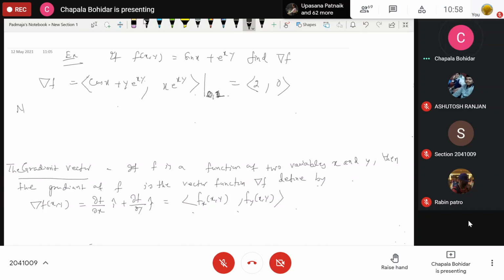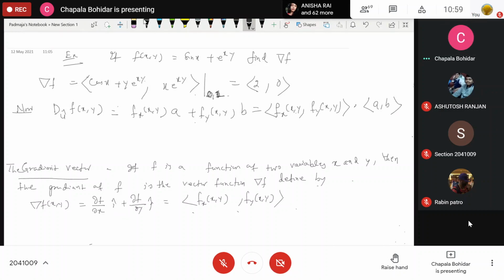So now, you know D_u f(x, y) is equal to fx(x, y) a plus fy(x, y) b. That I can write in this form: fx(x, y) and fy(x, y) dot product with (a, b). I can write this directional derivative in this way.